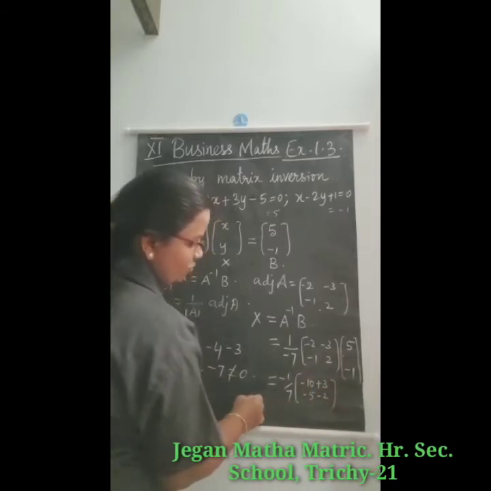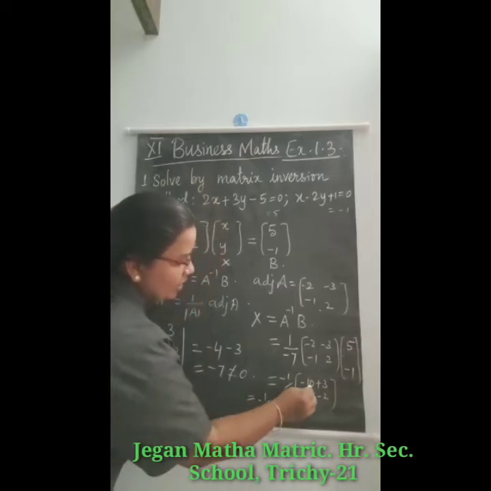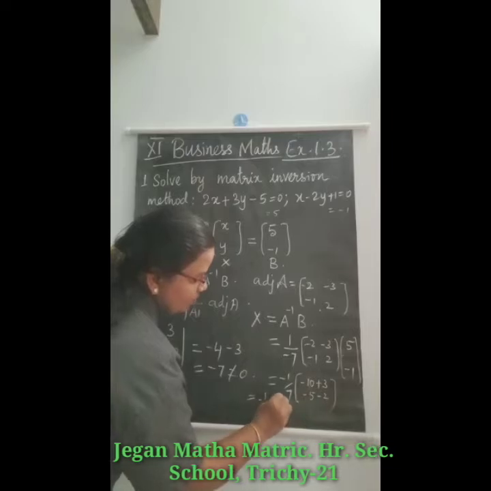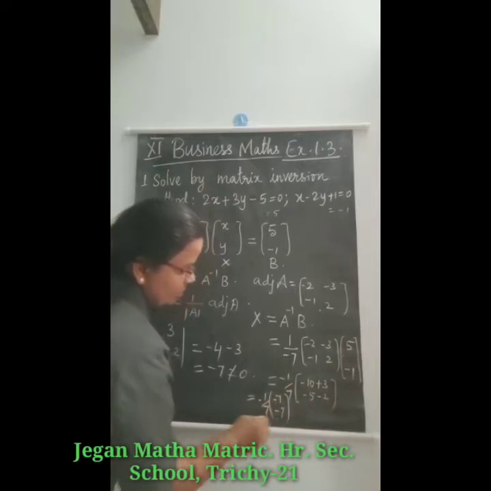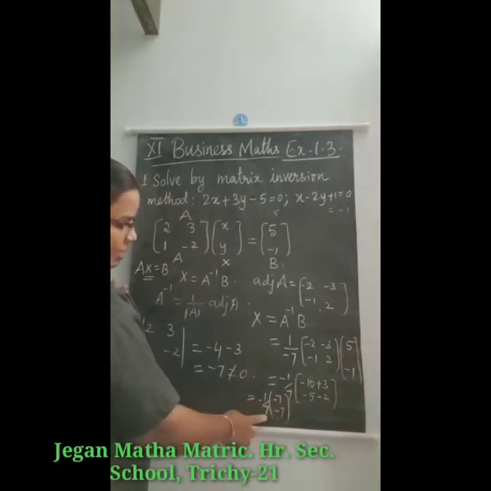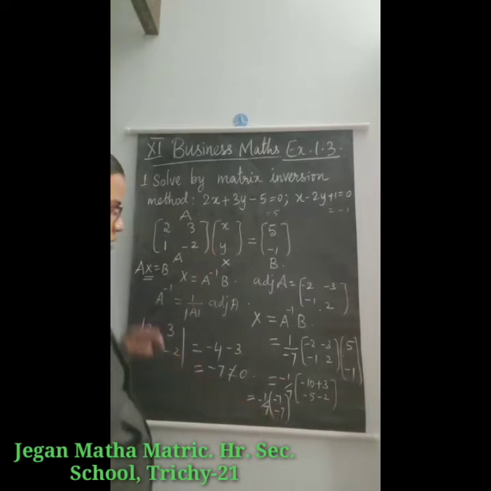So that is equal to minus 1 by 7 times the matrix minus 10 plus 3, which is minus 7, and here also minus 7. If we cancel 7 by 7, we get 1, and 7 by 7, 1. So both are 1.